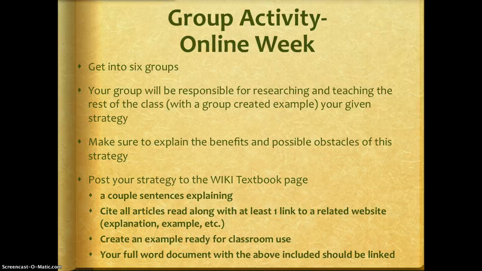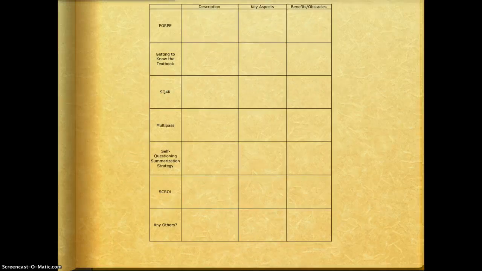I should see a couple sentences explaining what it is. You're going to cite any articles or websites, one link that's in there, create a ready-to-use classroom example, and it's going to be in a Word document, okay, on the Wiki. So here's some examples, and you have a graphic organizer that we are going to be using in a couple weeks, but here are some different ones.